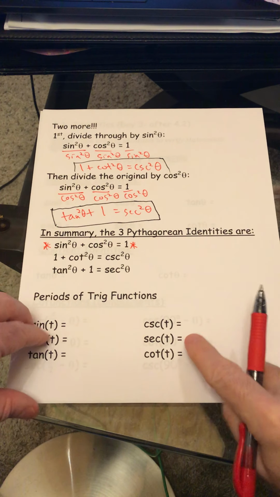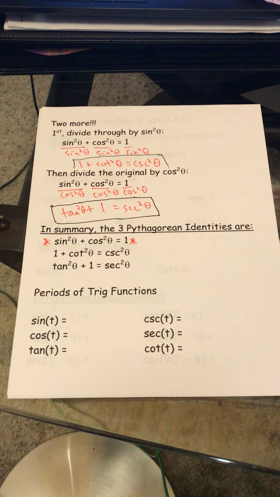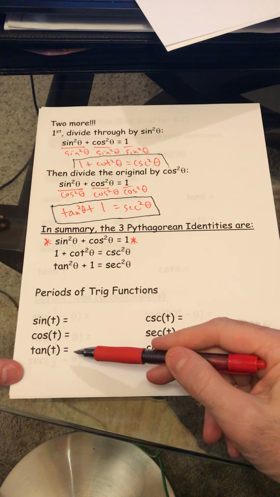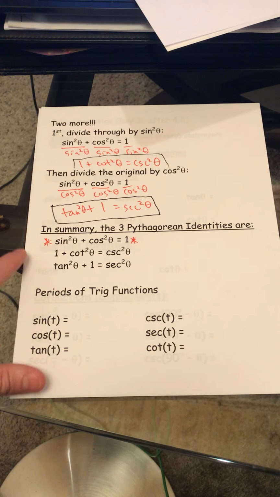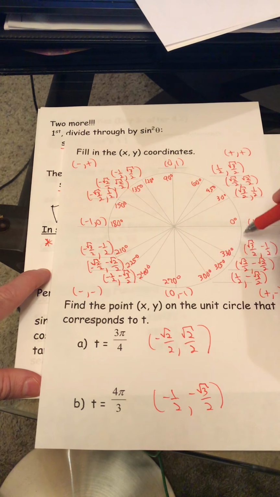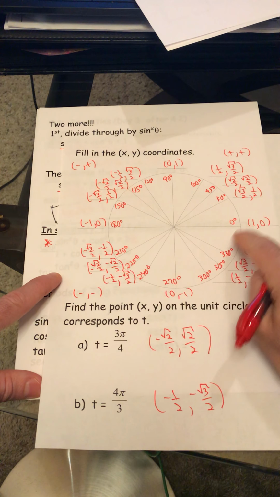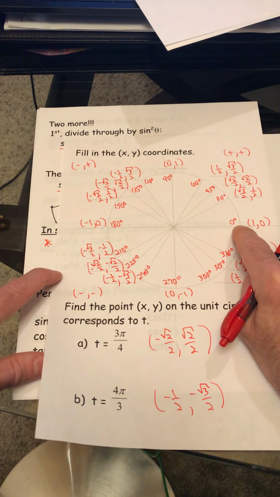Now, something else. As we move into 4.4 with graphing, one of the things that we are going to talk about is sine, cosine, and tangent, and of course their reciprocals, are what we call periodic functions, meaning they go on forever. You can keep going around the circle. Now, sine and cosine require a full revolution for one full period.